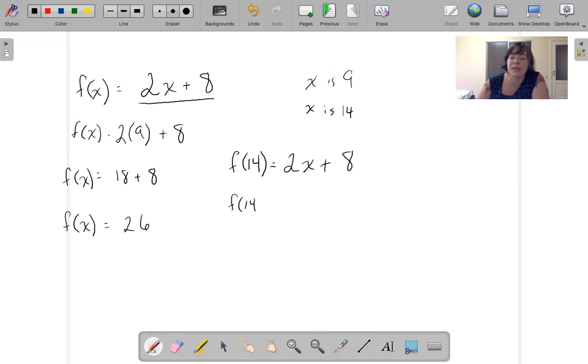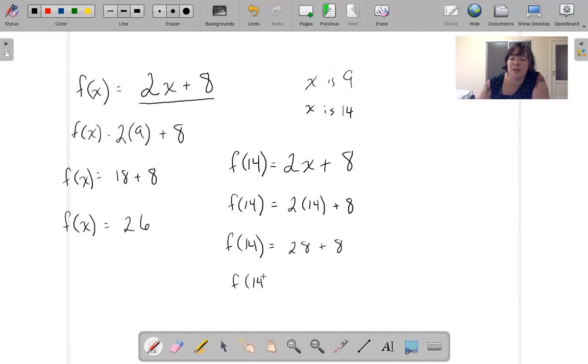F of 14 equals 2 times 14 plus 8. F of 14 equals 28 plus 8.